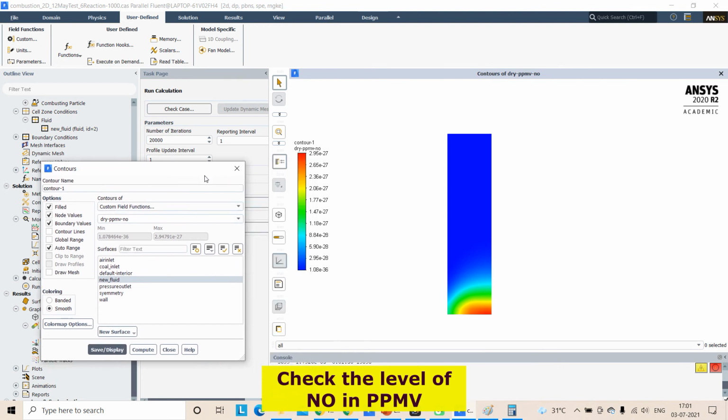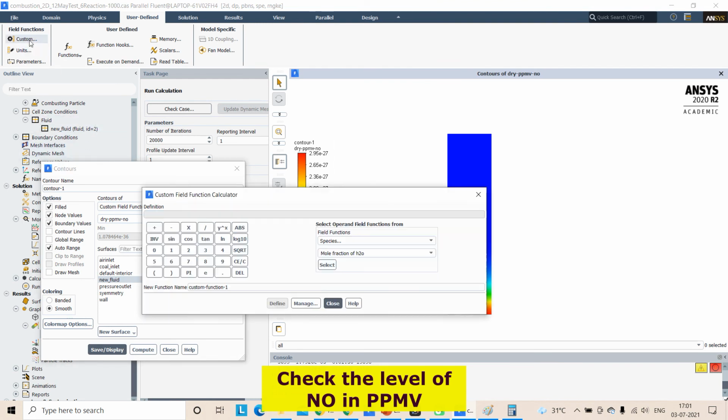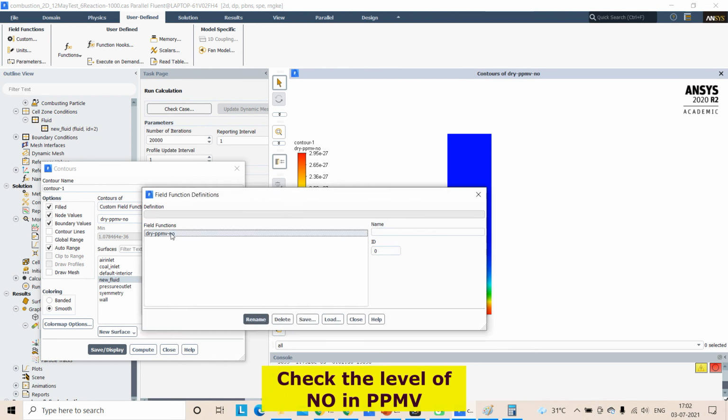That means the nitrogen oxide ppm is very less, below 10 to the minus 6. I think we can check this value. I have given 10 to the minus 6. You can manage this function as required here.